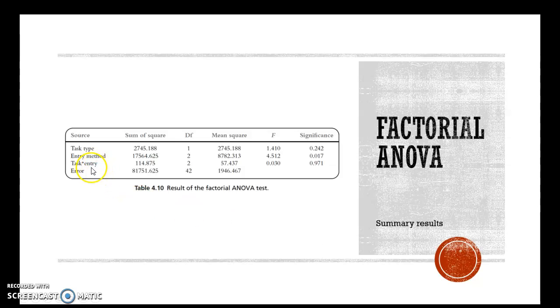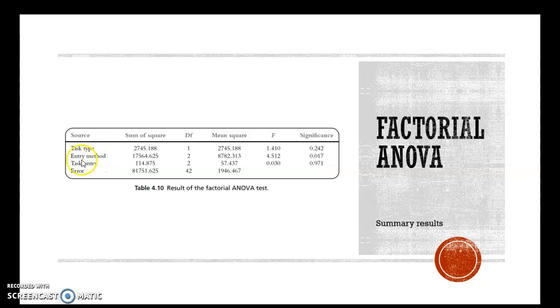So it looks like the significant difference depends on the entry method. It does not depend on the task type, either transcription or composition. They have no significant difference.